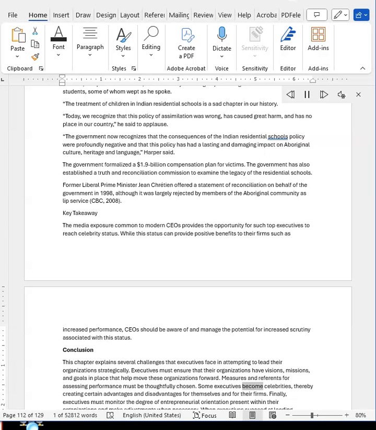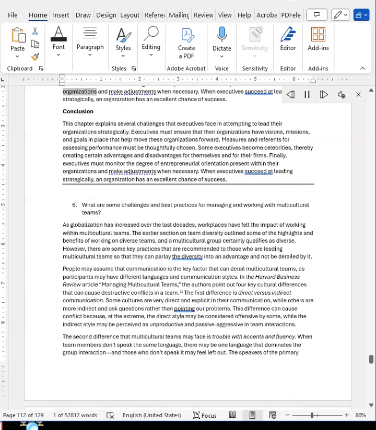Some executives become celebrities, thereby creating certain advantages and disadvantages for themselves and for their firms. Finally, executives must monitor the degree of entrepreneurial orientation present within their organizations and make adjustments when necessary. When executives succeed at leading strategically, an organization has an excellent chance of success.